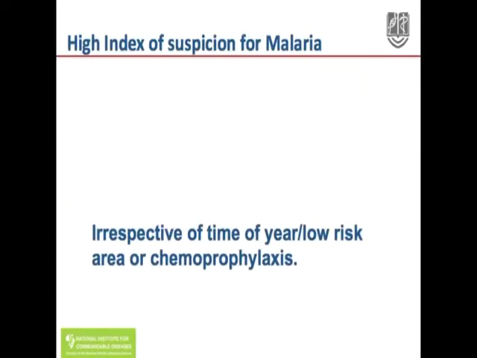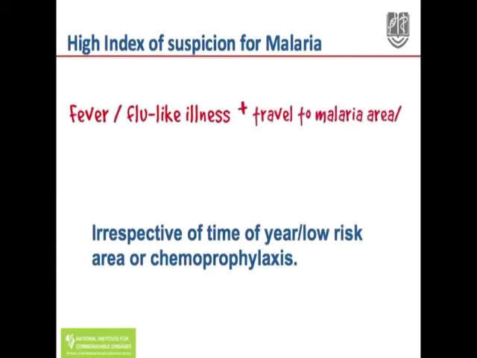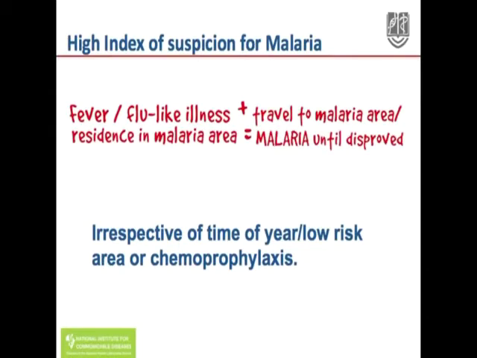So it is critically important that there is a high index of suspicion for malaria in anybody who has fever, a flu-like illness, plus travel to a malaria area or residence in a malaria area, and in these patients it is malaria until disproved, irrespective of the time of year or visit to or residence in a low-risk area, or if prophylaxis has been taken.